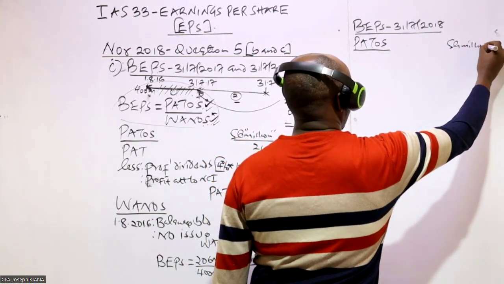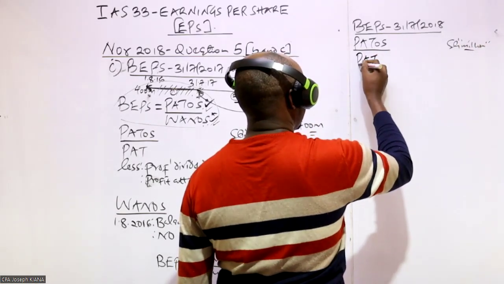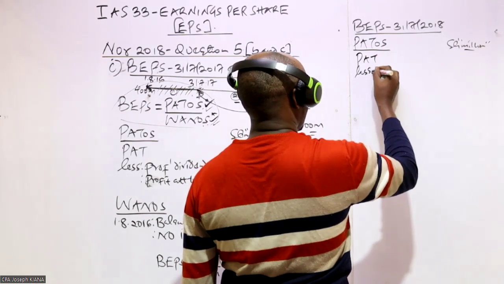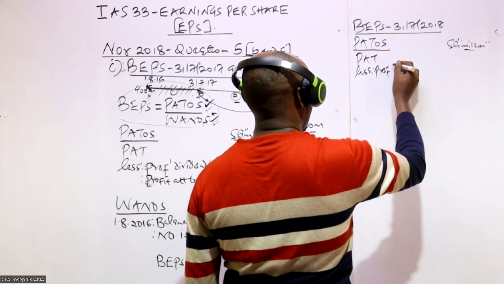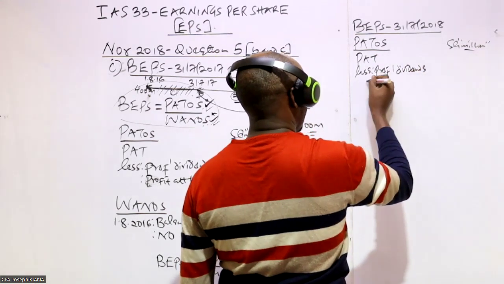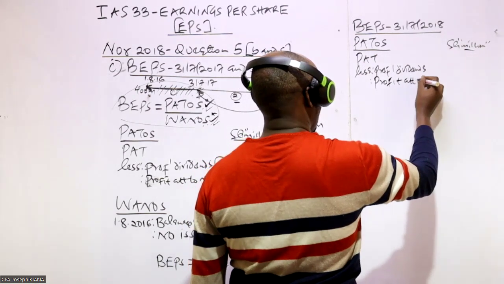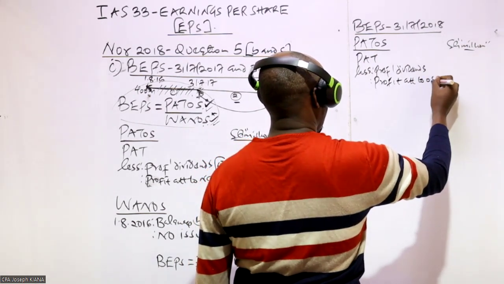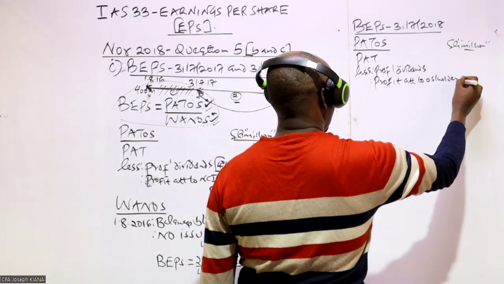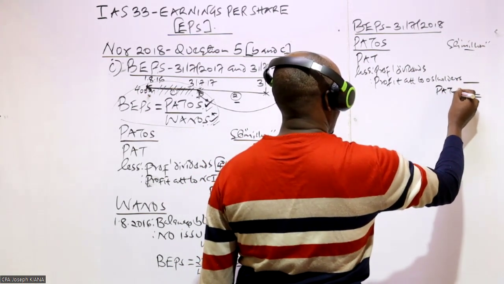So we start with the profit after tax. From this, we less the preference dividends, and also we less profits attributable to non-controlling interest. So whatever you are going to get there will be our PATOS.